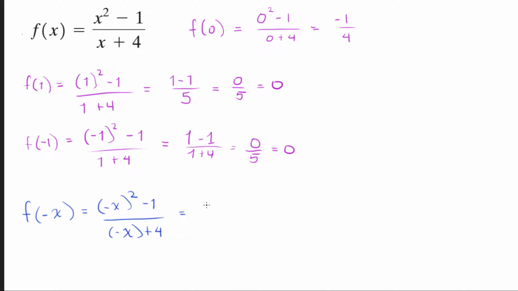Negative times a negative is a positive, and x times x is x squared. So negative x squared is just x squared minus 1. And negative x, notice that there's no square here, so it stays as negative x plus 4. And that's what it's equal to.